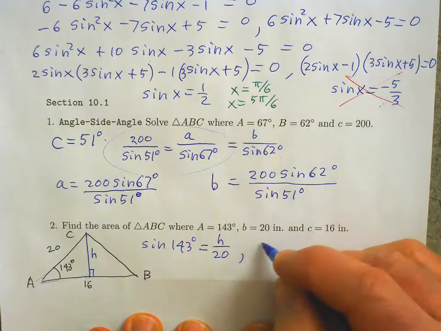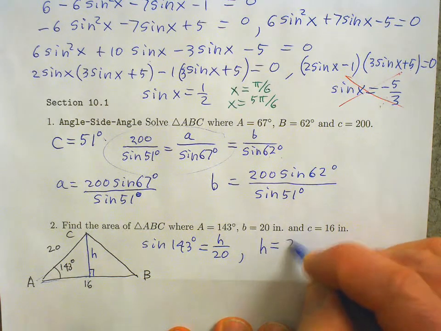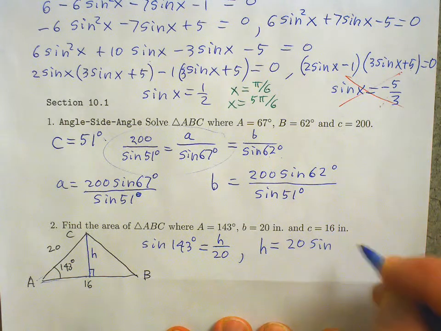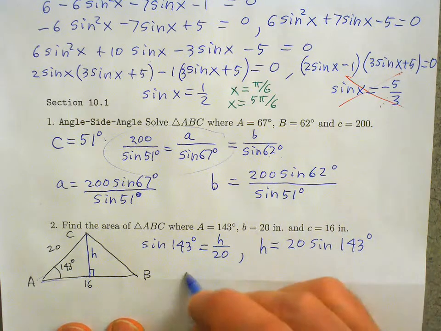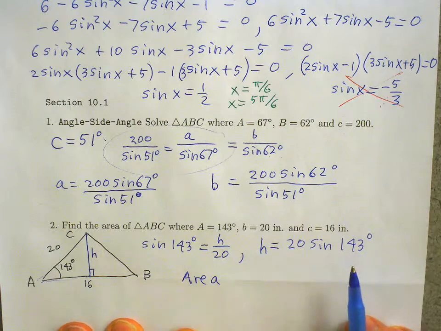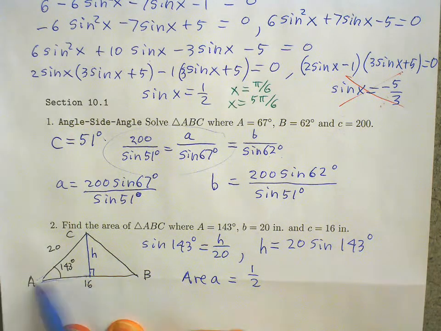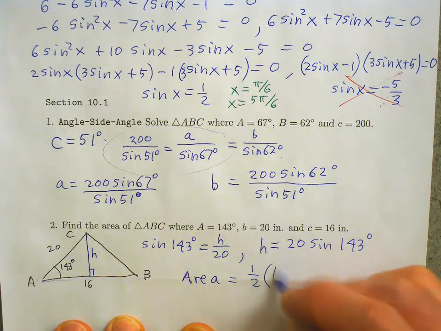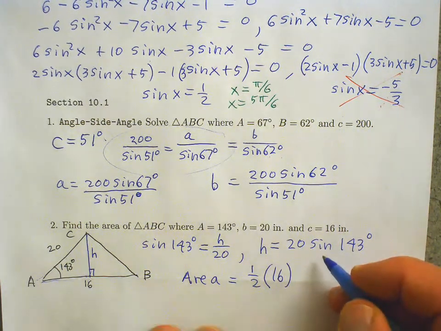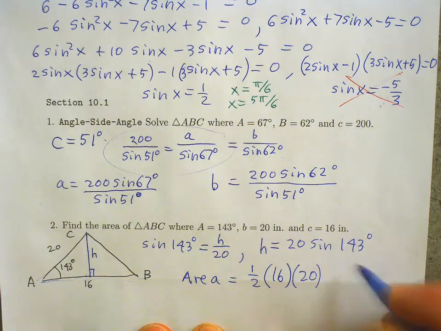So that means the height is 20 times the sine of 143 degrees. And so the area of that entire big triangle is 1/2 times the base. The base that we're using is 16. So 1/2 times 16 times the height, which is 20 times sine of 143 degrees.